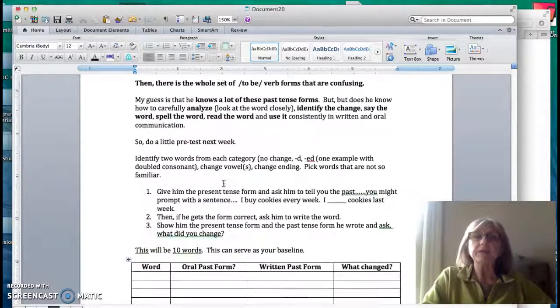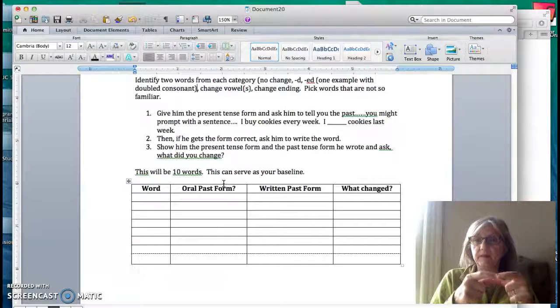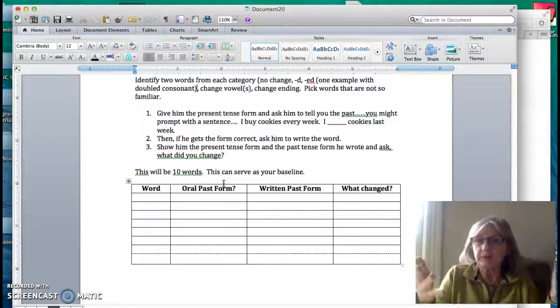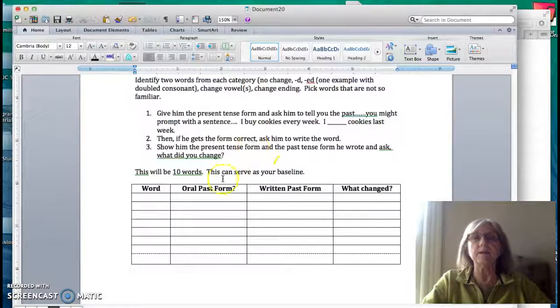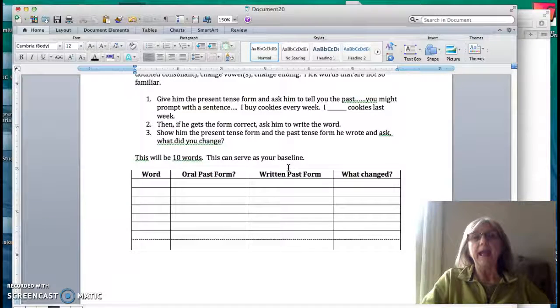The other thing I would do is create a word bank. You started with some words where you had the past tense form. On the other side, I would put the present tense form. And then I would begin to use these word cards to review, to sort, to teach him the rules and categories that you are teaching him about past tense form.